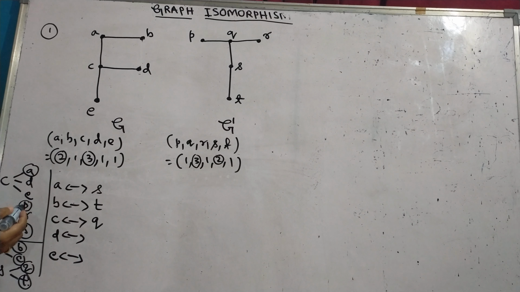We can say that D maps to P, and E maps to R. We can take either vertex here.